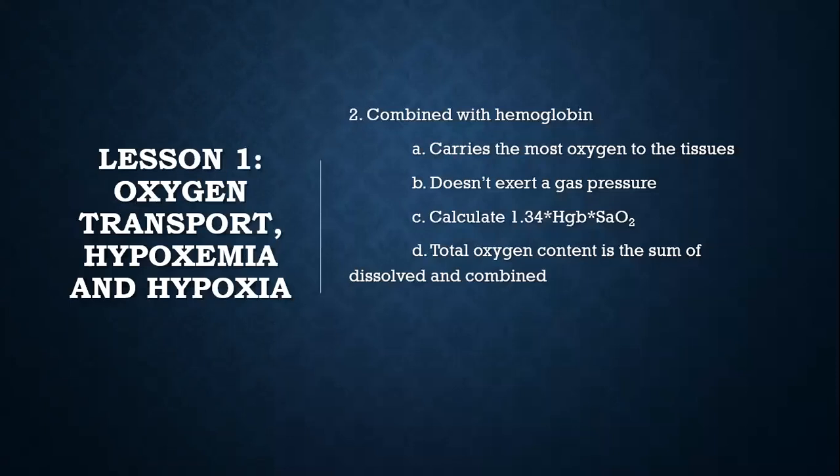Now, the second way that oxygen is transported is combined with the hemoglobin. We just learned the formula for dissolved in the plasma, which is 0.003 times the P(a)O2. That's expressed in milliliters. When you write your answer, that's in mLs.